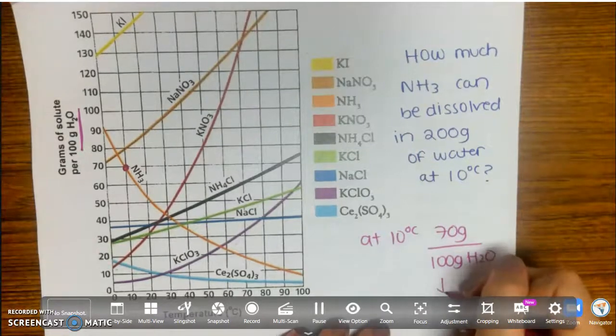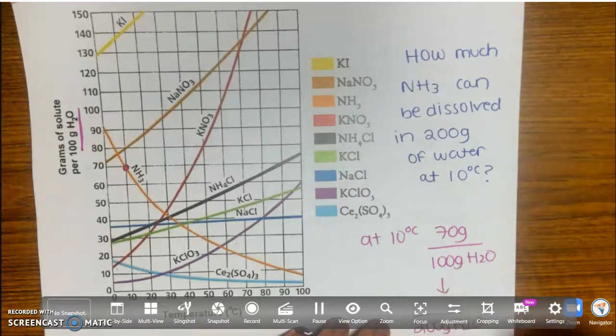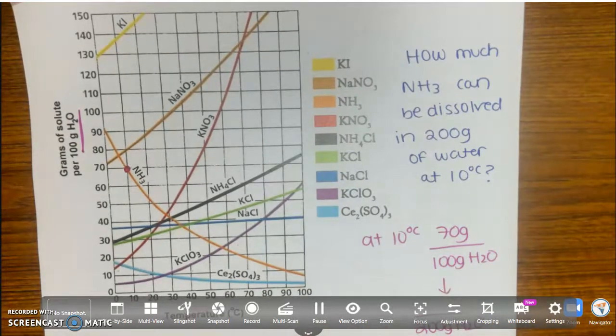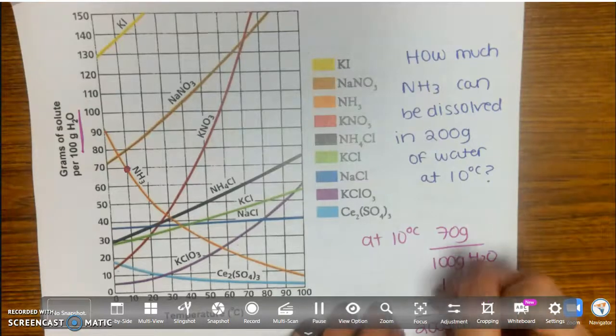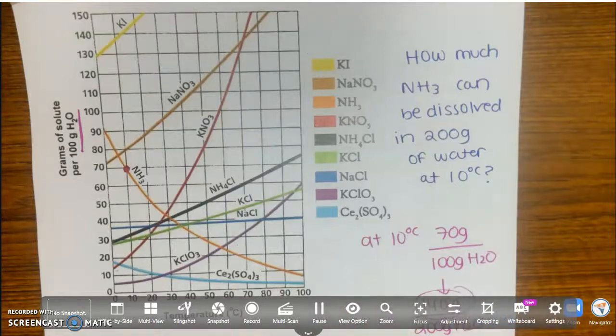Well, if I double the water, and now there's 200 grams of water, I can have twice as much solute dissolved in it. So what is 70 times 2? I could have 140 grams dissolved in 200 grams of water. So these relationships are proportional to the amount of water. If you increase the water, you can dissolve more stuff.